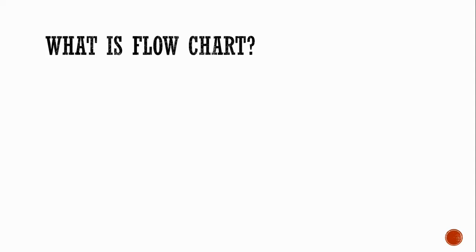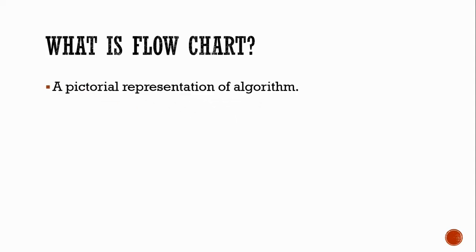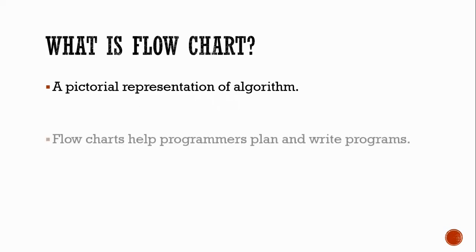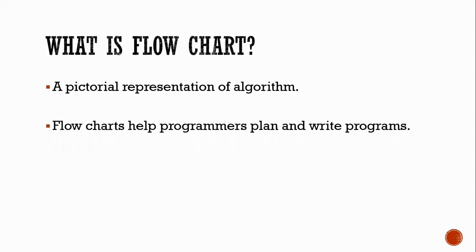And this diagram is actually called a flowchart. So, we can say a pictorial representation of an algorithm is called a flowchart. Flowcharts help programmers plan and write programs.